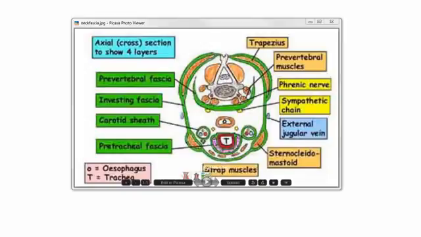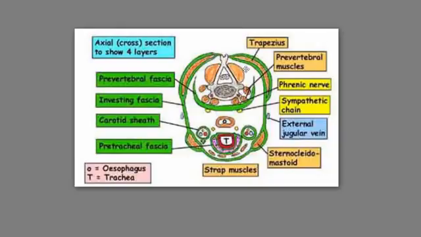So just to quickly recap, you've got superficial and deep fascia. Superficial fascia runs outside the deep fascia and encloses the platysma muscle. And then the deep fascia has four sort of compartments. You've got the investing layer, which surrounds the entire neck and encapsulates the trapezius muscle and the sternocleidomastoid muscle.